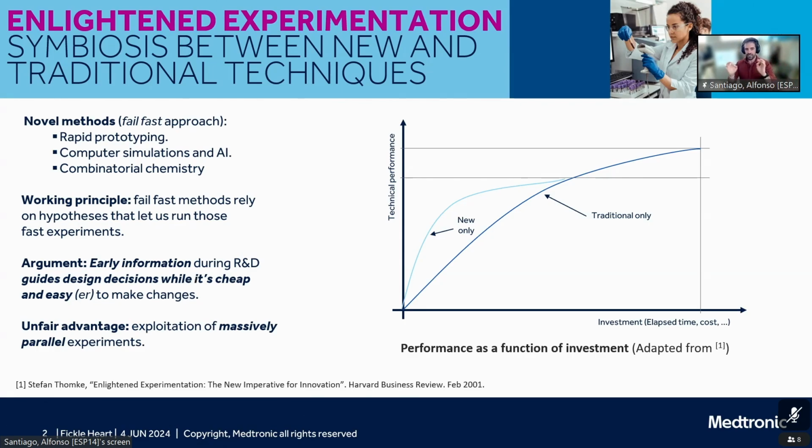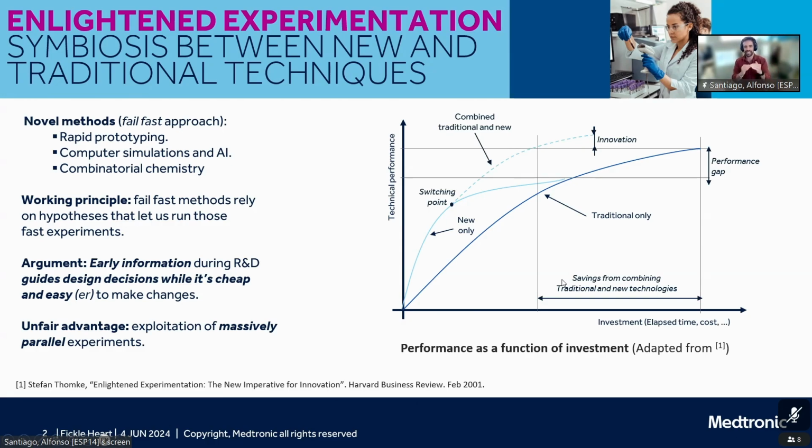So the secret sauce here is learning how to change, from the fail-fast approach to the traditional approach. In that way, if you know the sweet spot, you can exploit these rapid prototyping techniques at the beginning and then change to the traditional approaches and end up either on a shorter timeline with fewer resources and even leaving a gap for innovation.